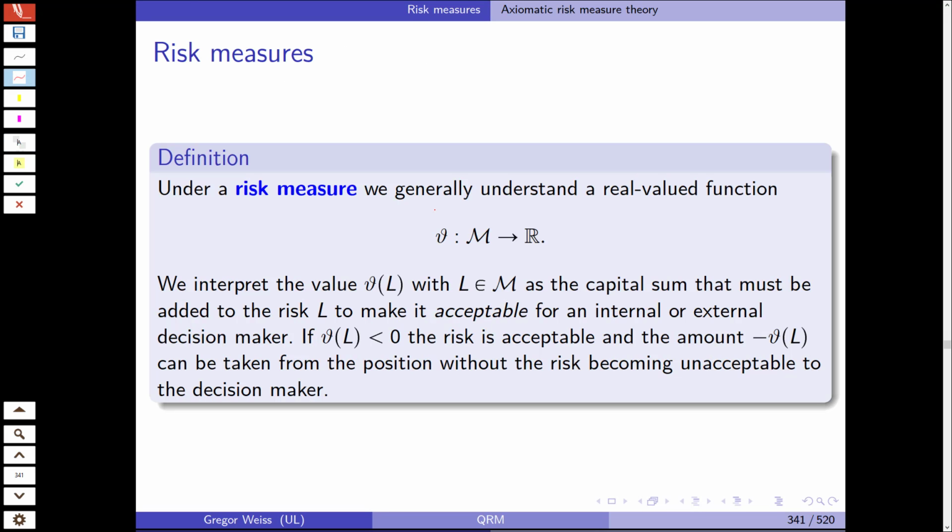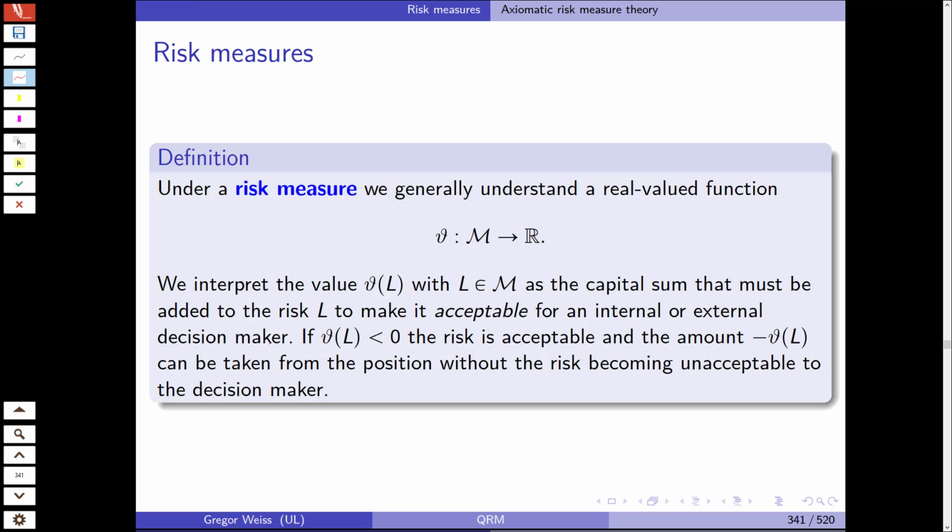Okay, so that's a convex cone. What is a risk measure? A risk measure is a real valued function, nu, from M to the real numbers. So we are assigning a real number to each risk in M. And the value nu of L, with L being a risk, we write L because it's meant to be a financial loss, is intended to be the capital sum that must be added to the risk to make it acceptable for an internal or external decision maker.